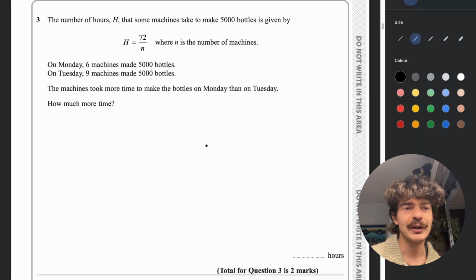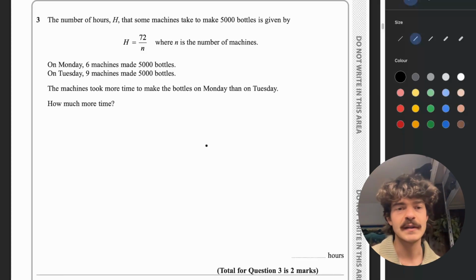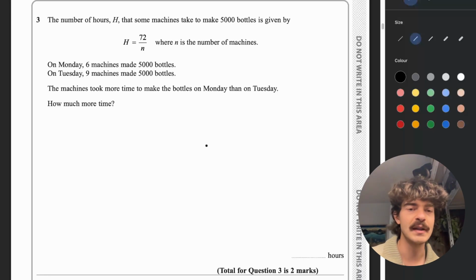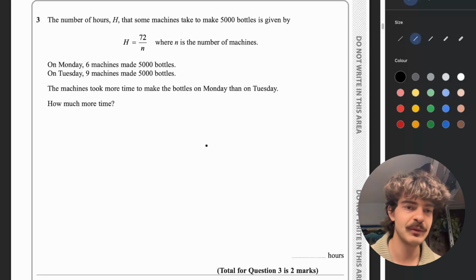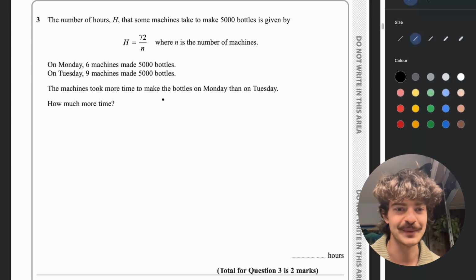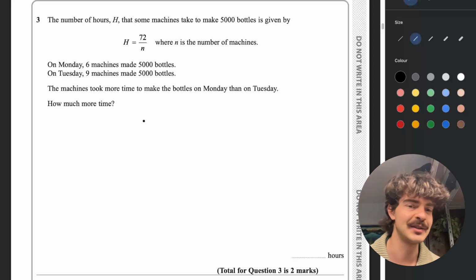Question number 3. The number of hours H that some machines take to make 5,000 bottles is given by hours is equal to 72 divided by the number of machines. All right, fantastic. So on Monday, we've got 6 machines that make 5,000, and on Tuesday, we've got 9 machines making 5,000 bottles. How much more time did it take on Monday than Tuesday? Cool.